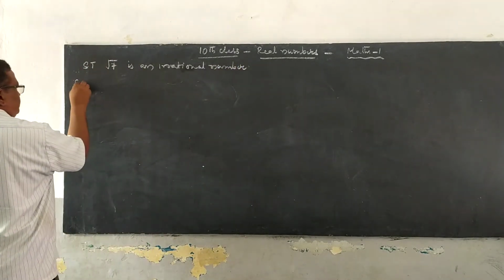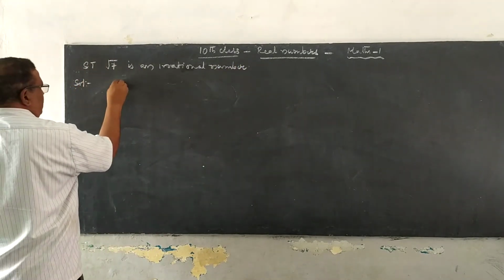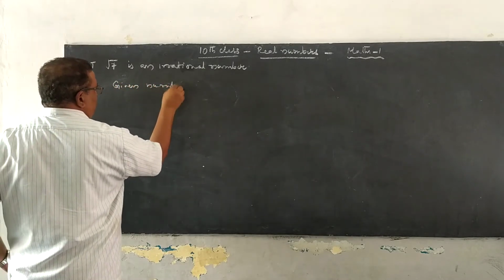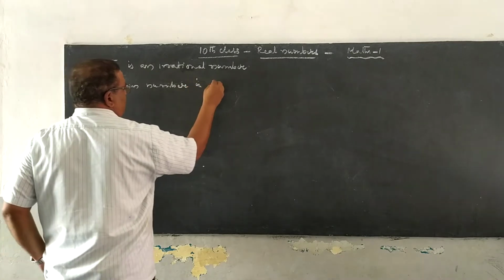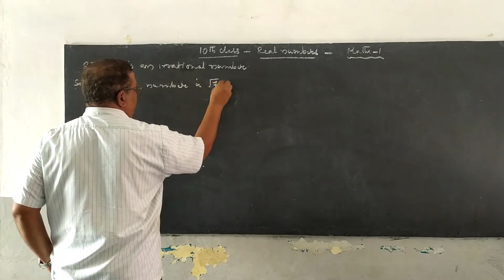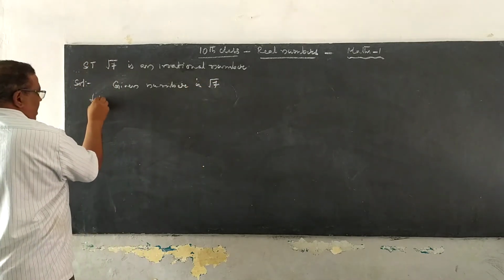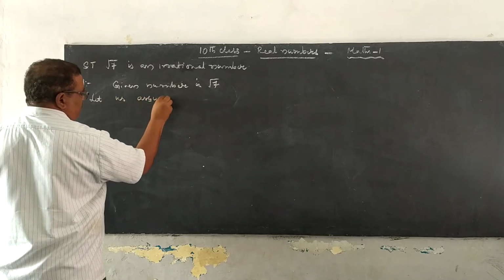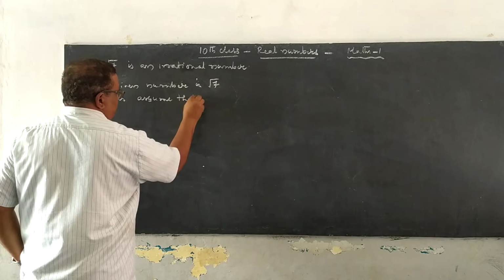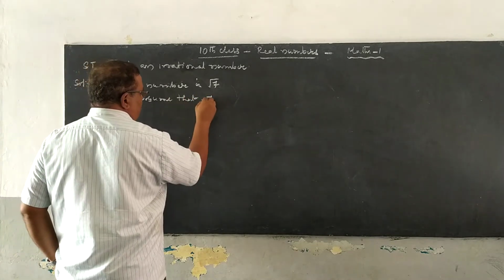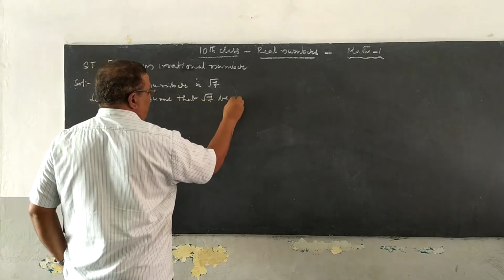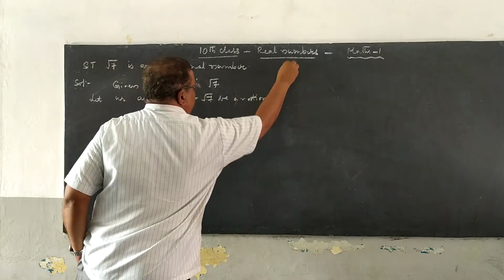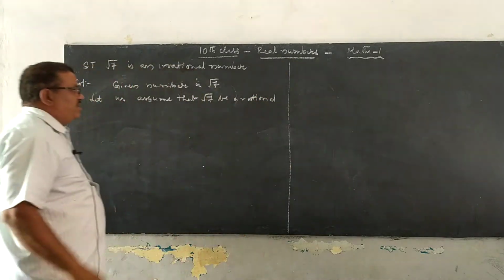Solution: the given number is root 7. Let us assume that root 7 is rational.